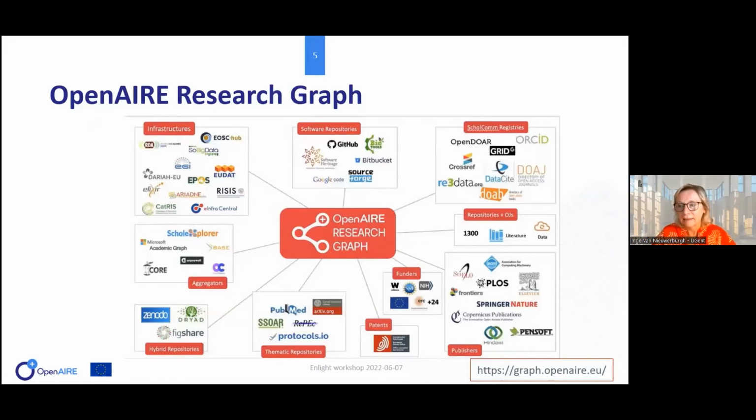And that is then again a source for services to the user out there. Also, the end user being the researcher, for example, searching for data and publications, because it started with publications but then linked to data and other research output. You can find a lot of linked information in the OpenAIRE research graph through the search engine.